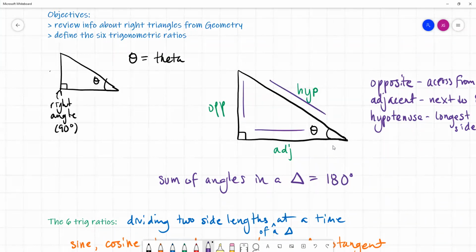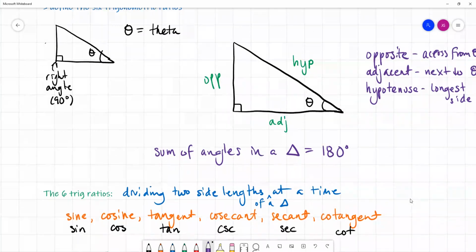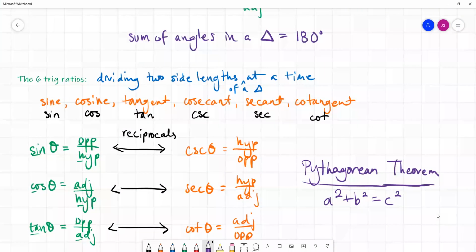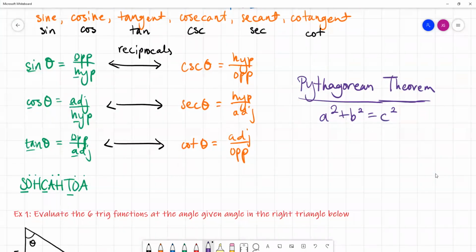If I square each of the leg lengths and then add them together, I get the same thing as squaring the hypotenuse. So this is a leg, this is a leg, and this is the hypotenuse. We're going to need to use that for some of these problems coming up ahead.